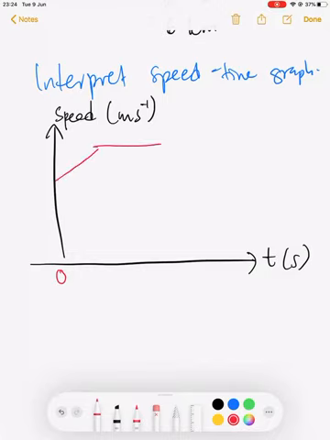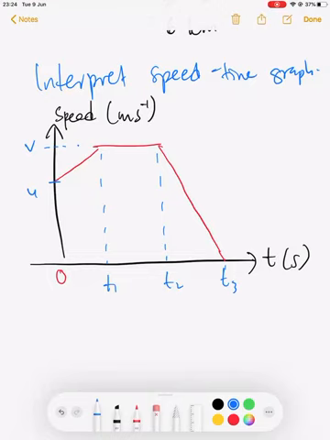I have this shape. Here I have T1, here I have T2, and here I have T3, and here let's say U speed, and up here is V speed.